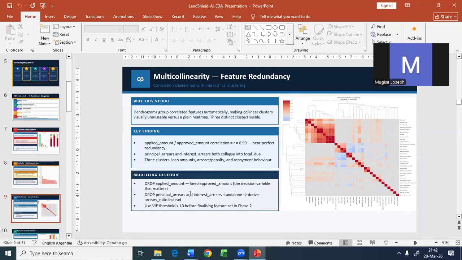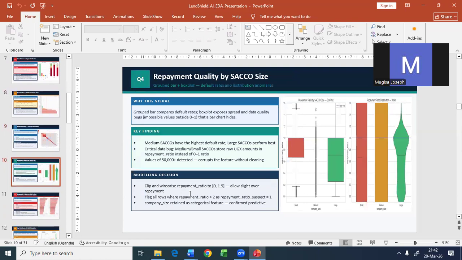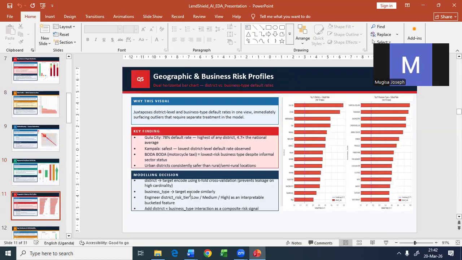Like you find a feature has been represented through another one. So we can say interest paid is already represented in the total amount paid. So we just progress.